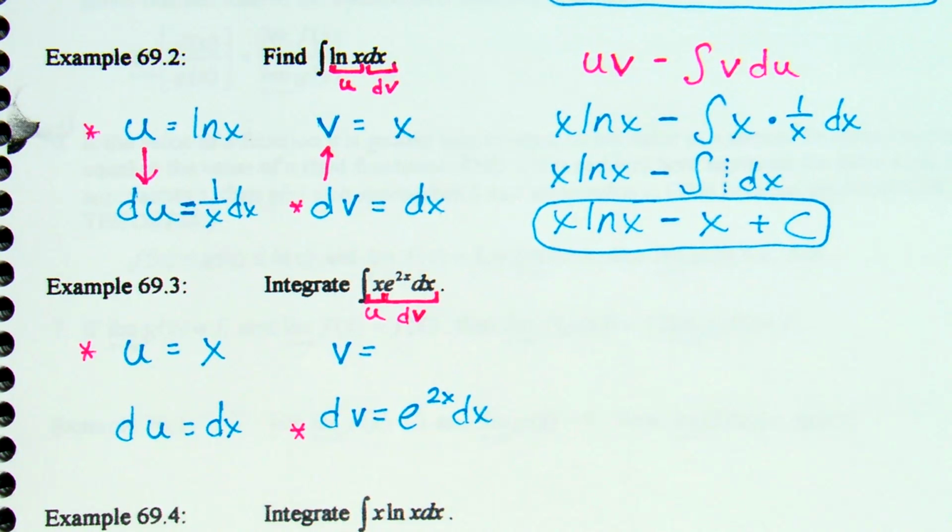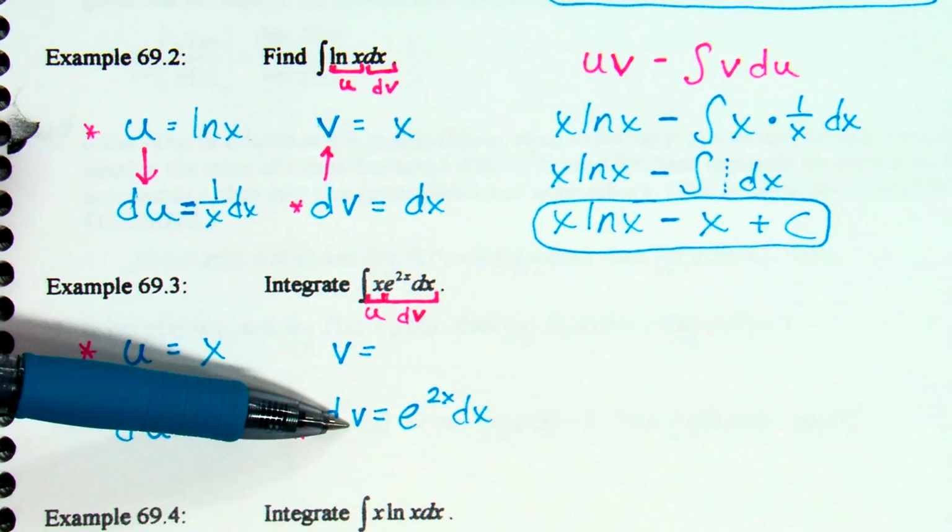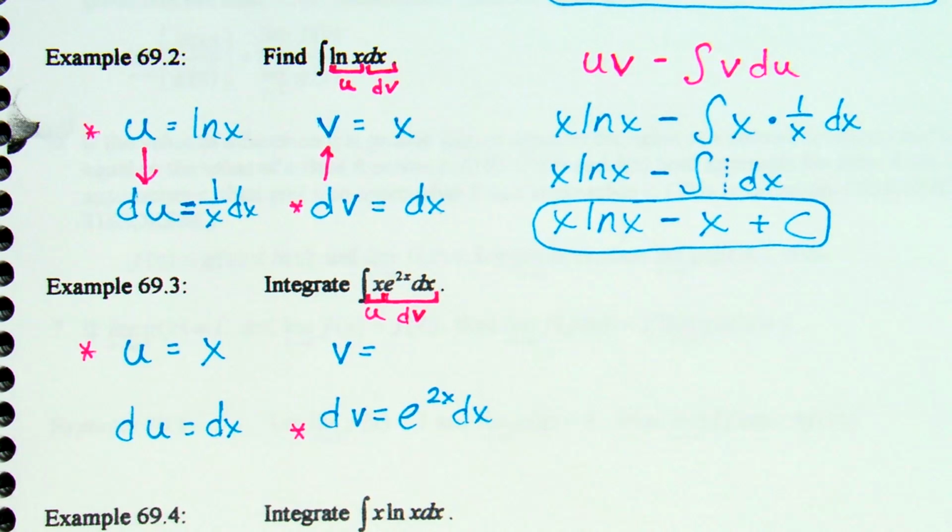Okay. Integral of dv is v. Integral of e to the 2x dx. What's the integral of e to the something? It's the same, right? Now, what's the catch here? If we were taking the derivative of e to the 2x, we'd have to compensate, because the derivative of e to the 2x is e to the 2x times the derivative of 2x.